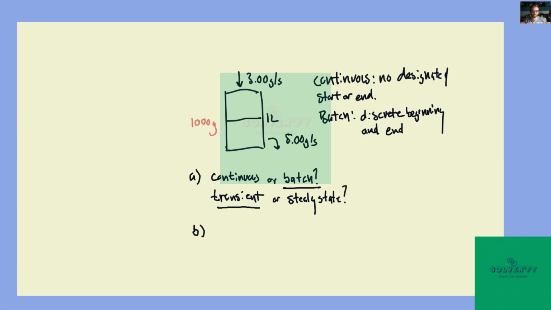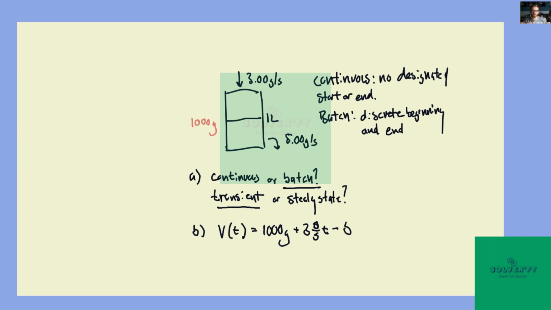Okay, from here we can write an equation that describes our situation, right? The volume of the tank at any given time from the start of our process is going to be equal to the initial volume, 1,000 grams. And then we're going to gain 3 grams per second, and that will happen every second. So let's say that's multiplied by time, t in seconds. And we're going to lose 5 grams per second.